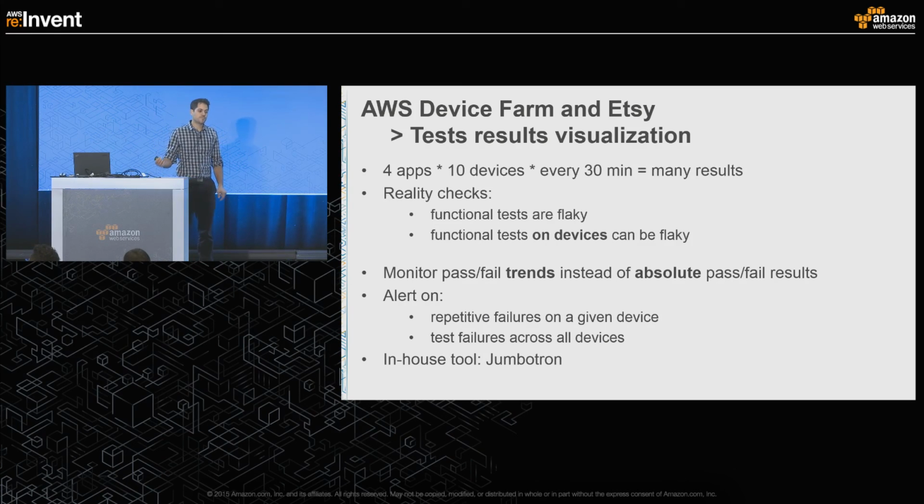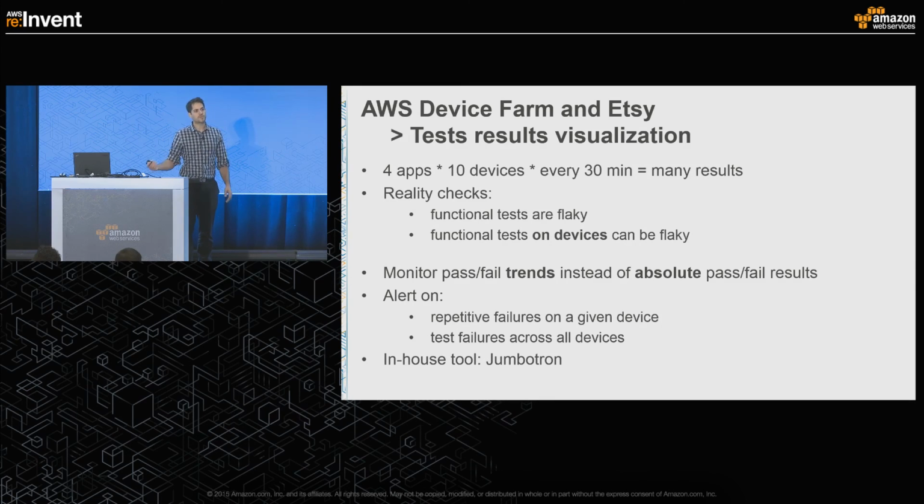Also, functional tests are flaky. Well, that's my opinion, but in my opinion, functional tests are flaky. You can be amazing at writing your tests, they can be flaky, and especially on physical devices. So we don't really pay attention to an absolute pass or fail result. It doesn't mean hold on everything, something is broken, especially when we have all those test results.